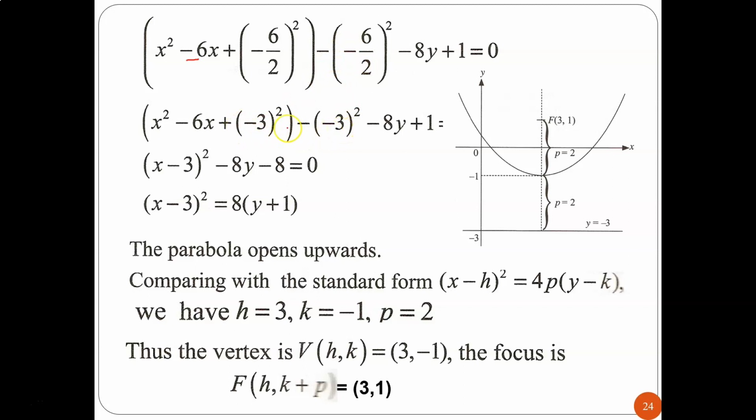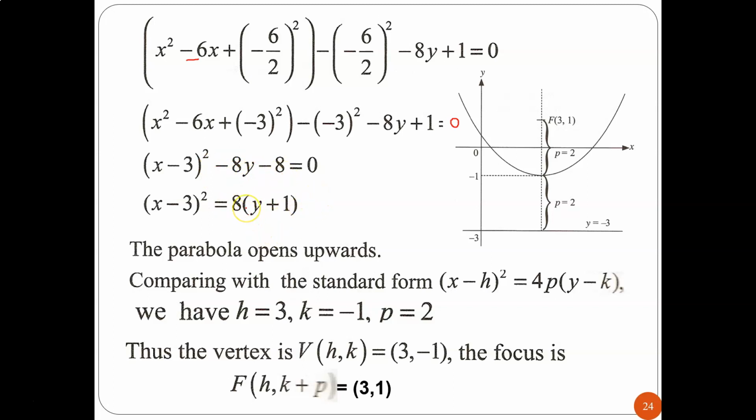So now, since you have negative 3, we can rewrite it as x minus 3 squared. We take that directly, because this has an x squared term and this has a squared term too. So you take x minus 3 squared, minus 8y minus 8 equal to 0. So this is already equal to 0 at the back. From this form, it already looks somewhat like our standard form. So I rearrange it into this form. The one with y and the constant, I bring it to the right hand side.